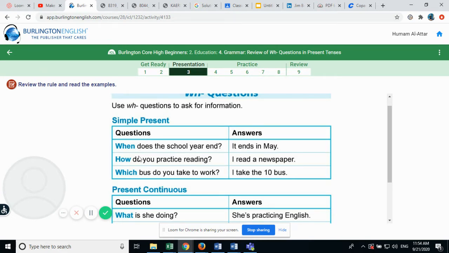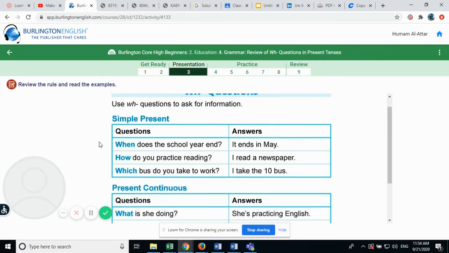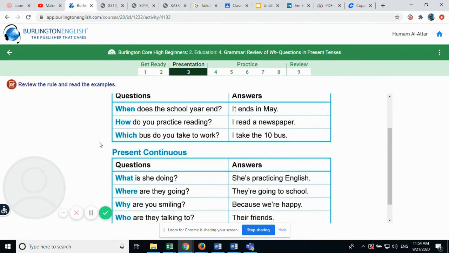Does, do, do. Okay? We use does when we are asking about the school year. We use do because here we have you.